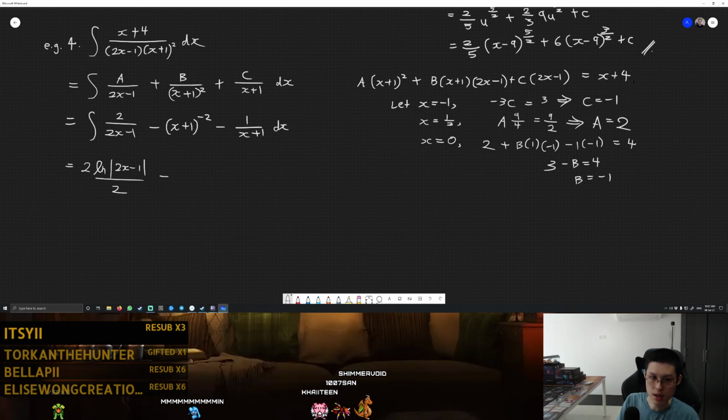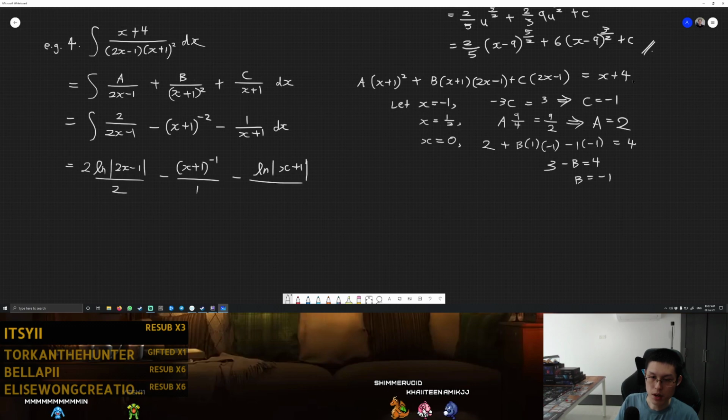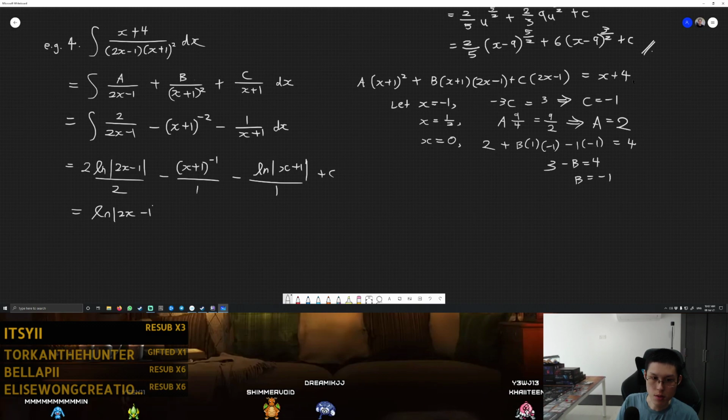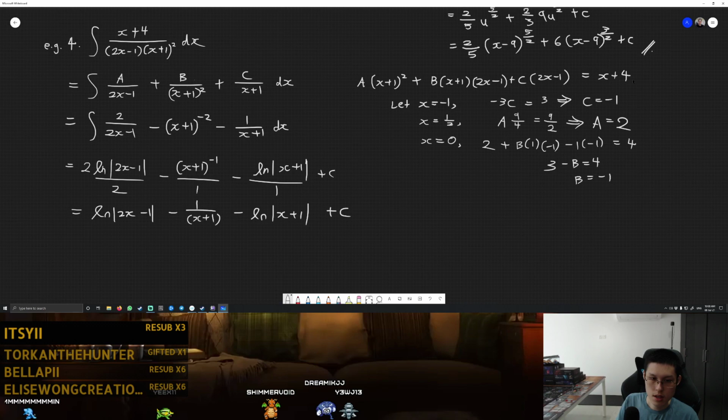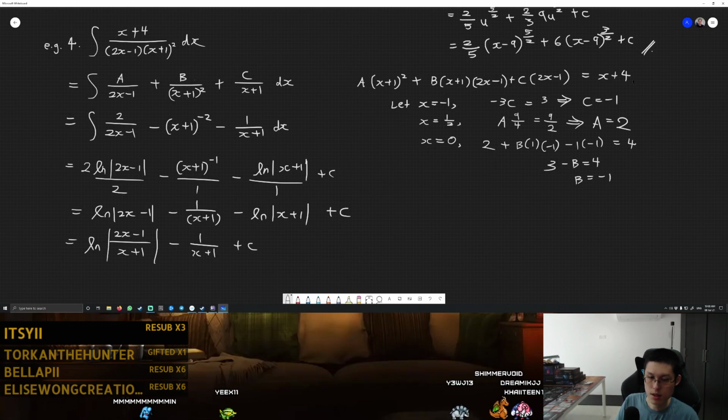When you integrate it, you get x plus 1 to the power of minus 1, and you divide by the derivative of the function, which is 1. Then this last one is going to give me ln modulus x plus 1 divided by the derivative, which is 1, plus C. Simplifying, we get ln modulus 2x minus 1, minus 1 over x plus 1, minus ln modulus x plus 1, plus C. And if you have two lns and you are subtracting them, you are actually dividing them. So you get ln of 2x minus 1 over x plus 1, minus 1 over x plus 1, plus C.